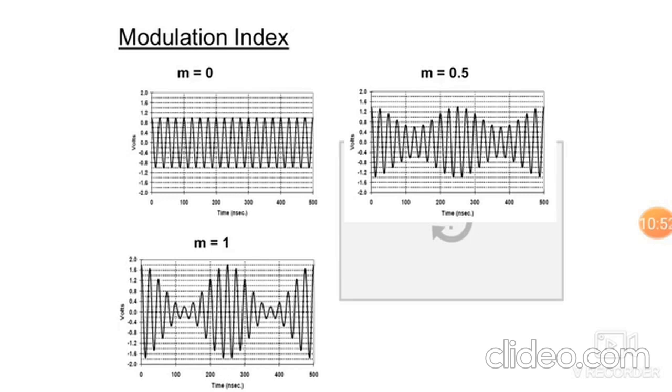And coming to the last diagram, for m equal to 1, the output of the modulator is like this. Here the carrier amplitude varies, so the carrier amplitude touches the reference axis. So we can tell this is 100% modulation or critical modulation, and here we have to note that the m value is equal to 1.